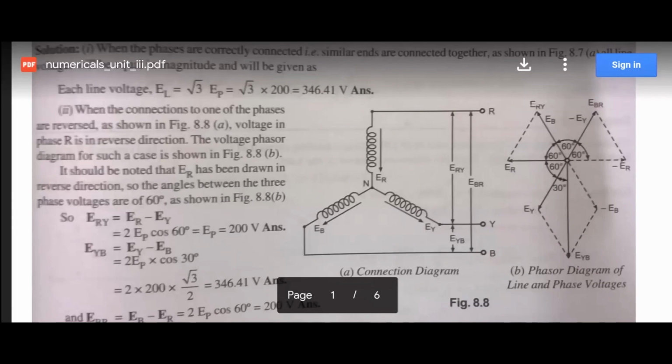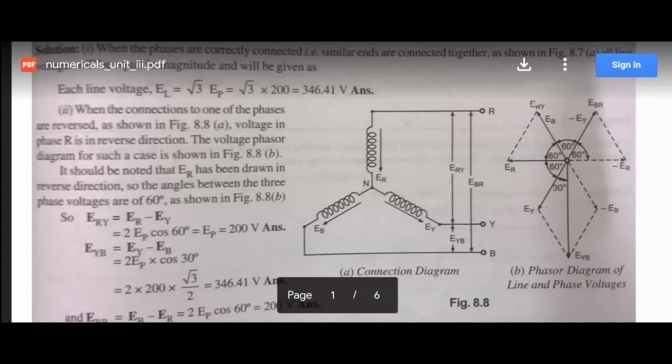Now see the next line voltage. The next line voltage is EYB, so it is EY minus EB. Again we can take the cos components. The angle between the line voltage and phase voltage here is 30 degrees. So 2 EP cos 30.